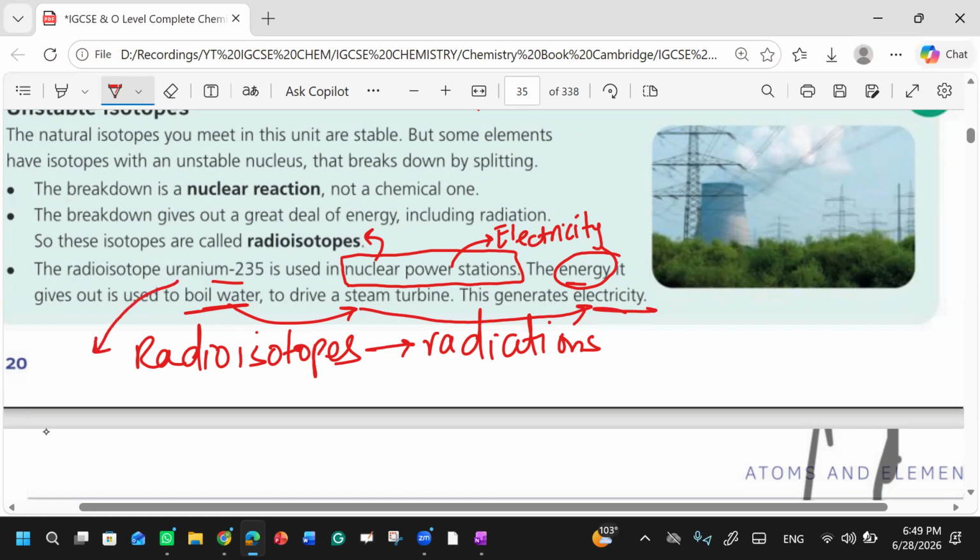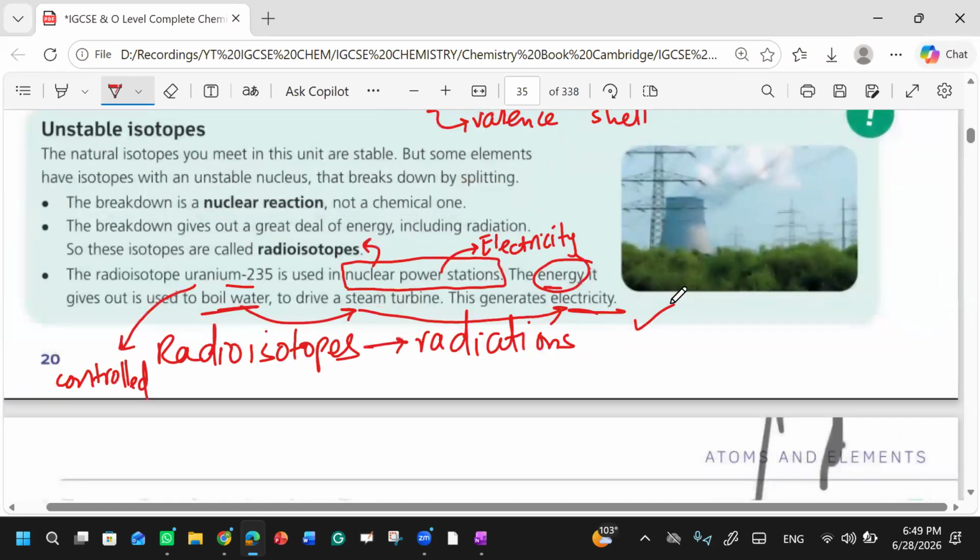Otherwise, in atom bombs, every country tries to make nuclear weapons, nuclear atomic bombs, which are uncontrolled. The destruction will then be uncontrolled. But such reactions here are controlled reactions, because this is being used to produce electricity. Otherwise, for an explosion on another country, that will be uncontrolled.